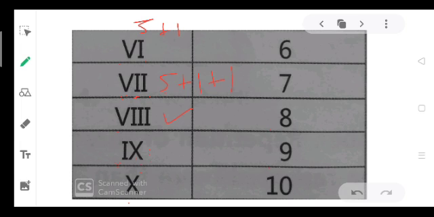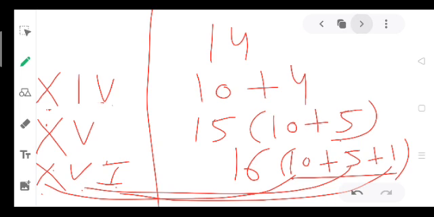IX means from 10, 1 is subtracted. For 10 we are using symbol X.